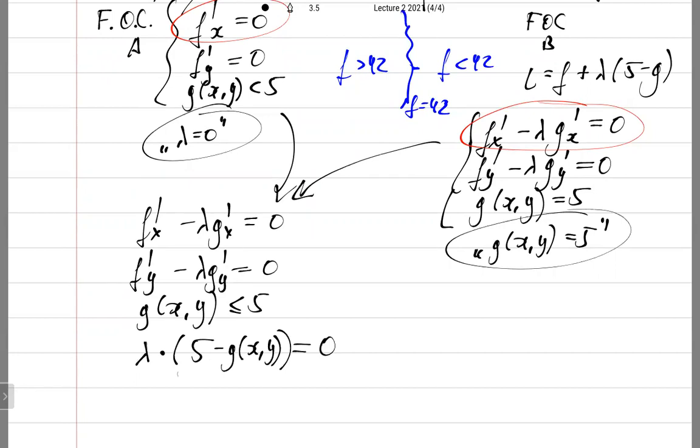Why so? This is roughly like the one variable case, that was something like f prime of x times (5 minus x) equals 0. Do you remember that additional combining constraint?